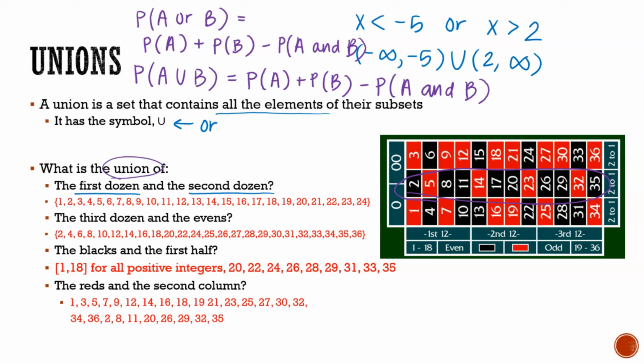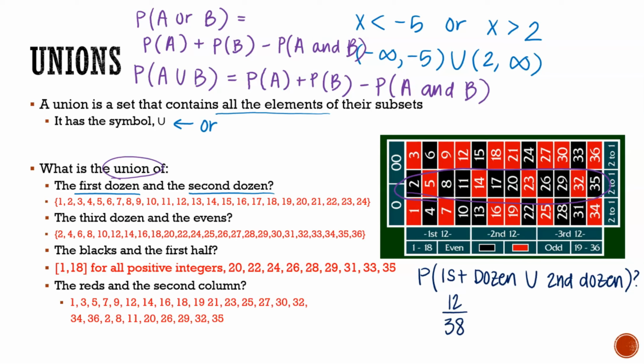This isn't a question that's posed on your sheet of paper. However, what if I were to ask you, what is the probability of the first dozen or the second dozen? The probability of the first dozen would be 12 out of the total 38 different outcomes in my sample space.